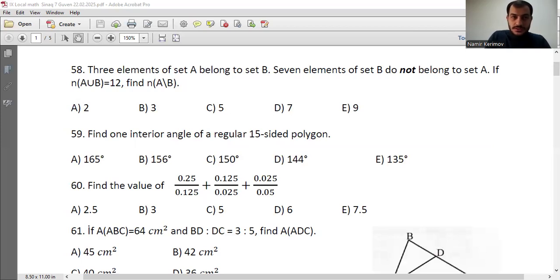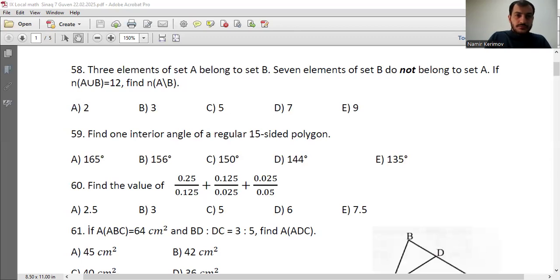It says the union is 12. And we should find A but not B, this region. Let's say X, and we know that the sum of all those elements should be 12. So X plus 10 is 12, X equals 2.